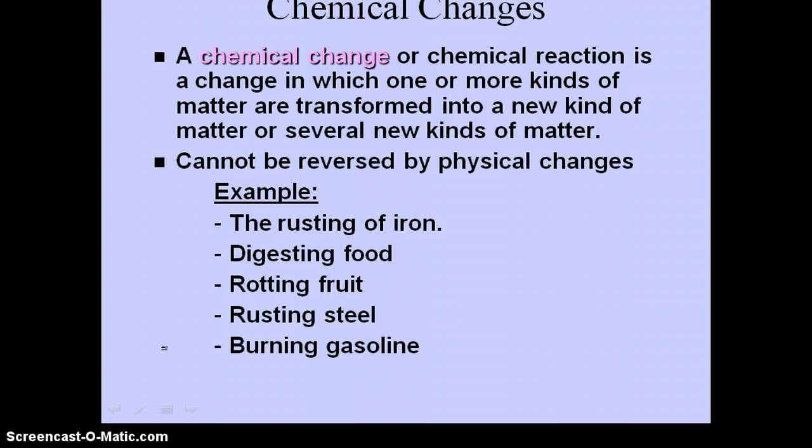There's a chemical reaction where you're getting different nutrients and things out to the bloodstream and breaking it down. Rotting fruit is an example. Rusting steel, burning gasoline. So notice these terms here: rusting, digesting, rotting, burning. Those are all chemical change words.